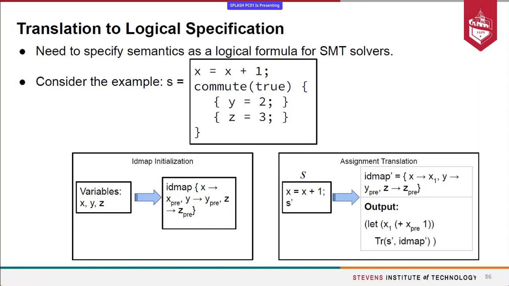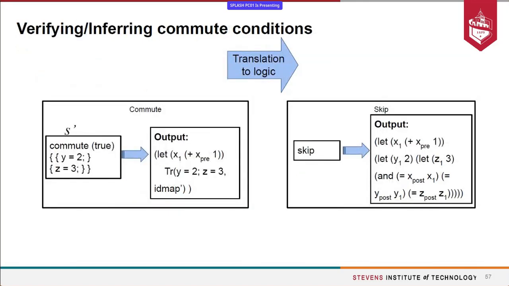Now, when we translate this first assignment, we're going to create a new name for this variable, say x1, translate the right side of that expression, and create a local binding for that value. So you can see here we have let x1 be x pre plus 1, and then the body of that let statement is just going to be the translation of the tail, which is this commute statement.